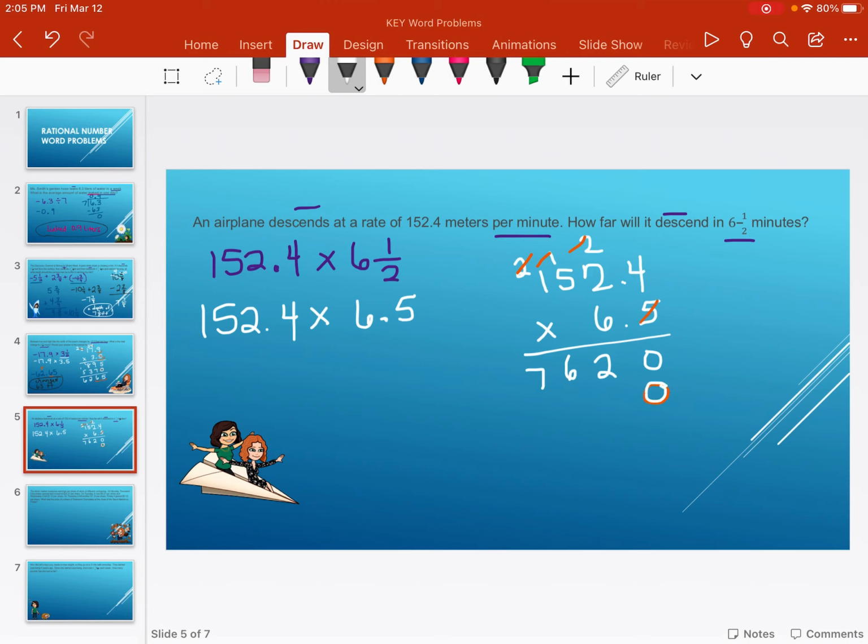Okay, so now I've got 6 times 4 is 24. 12, 13, 14. That's 30 plus 1 is 31. And 6 is 9. Okay, add those up. 0, 6, 10, 9, and 9. Don't forget to put your decimal back in. 1, 2 spots.